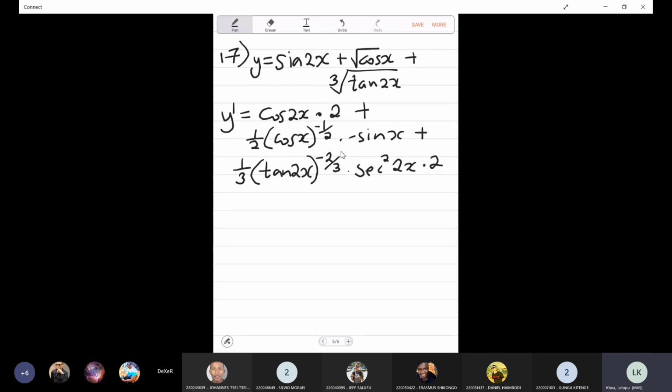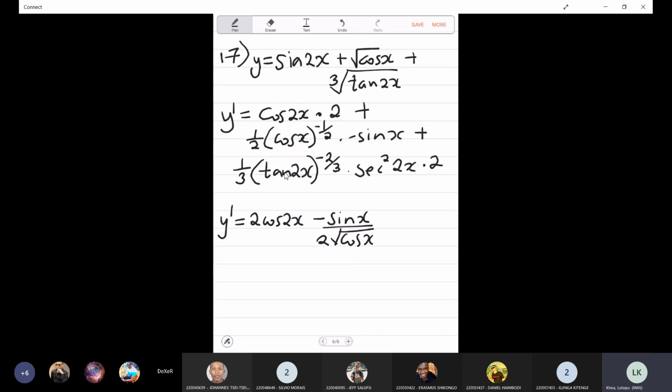So you have y prime. This is 2 cos 2x. Then this second term will be negative because of this negative sign. So you have minus sine x over 2 square root of cos x.